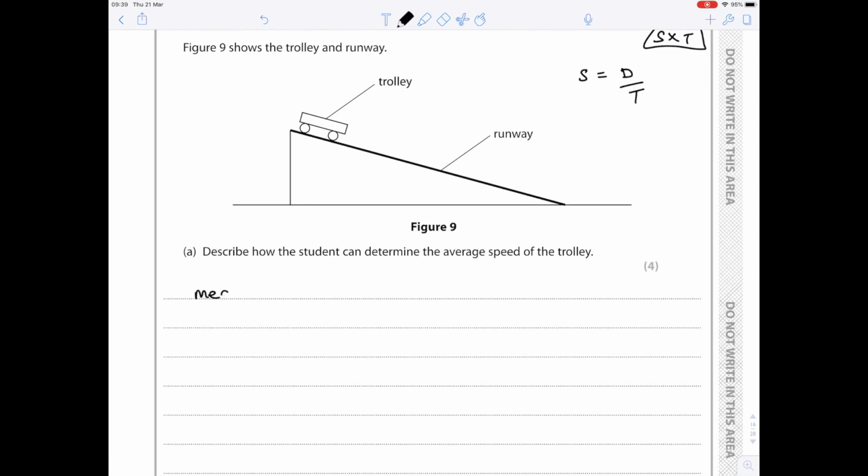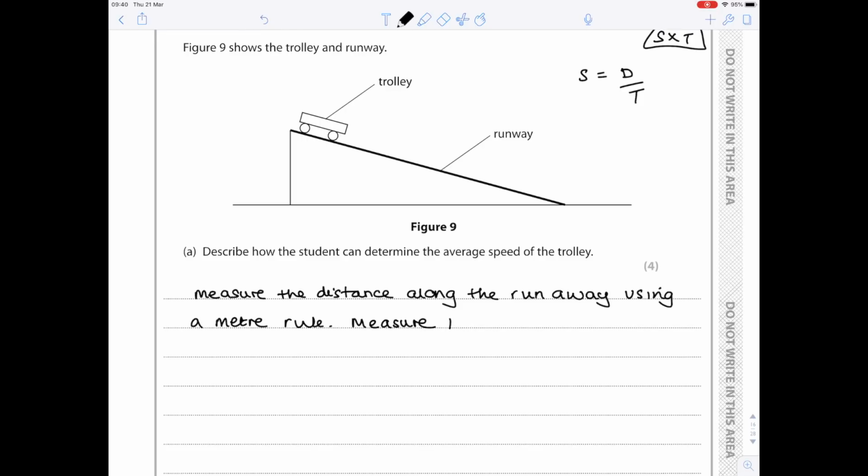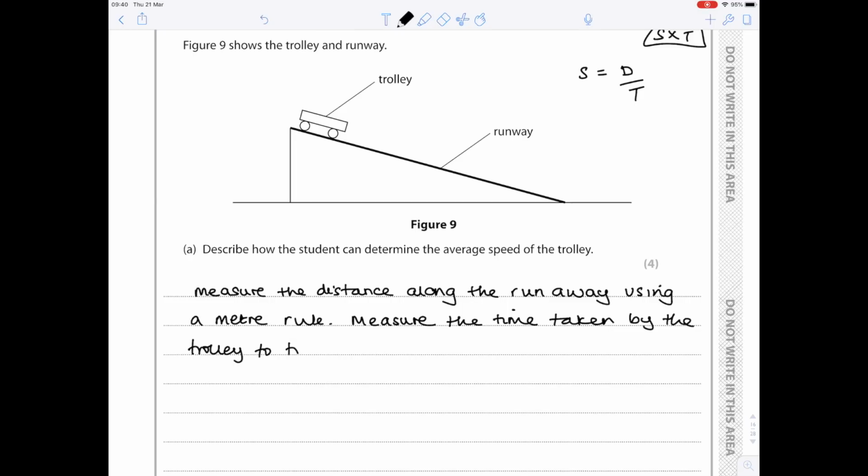So measure the distance along the runway and make sure you say how you're going to do this. So using a meter ruler. Then looking at our formula triangle, we need to measure the time taken by the trolley to travel along the runway.